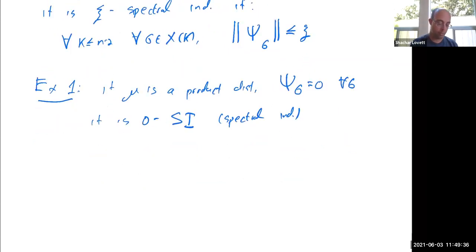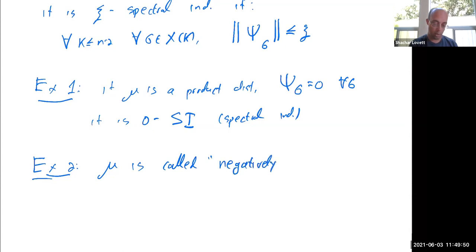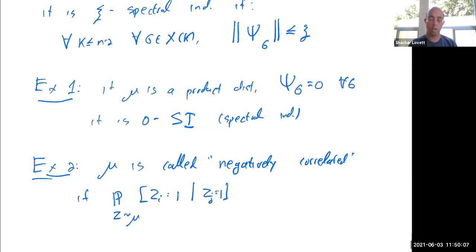Here's a more interesting example. We say that mu is called negatively correlated if you ask me what the probability is, for z from mu, that z_i is 1 conditioned on z_j being 1, it's always going to be smaller than the probability that z_i is 1.